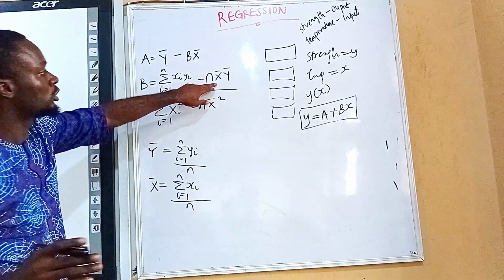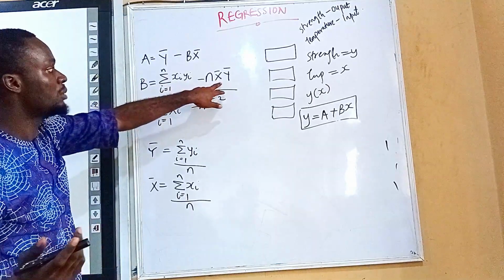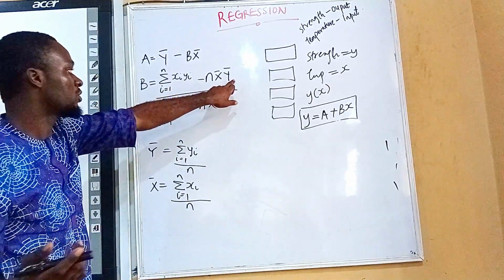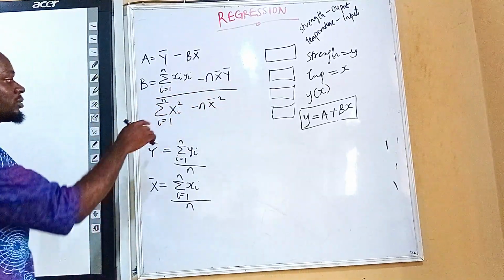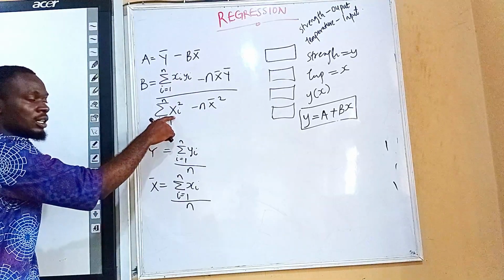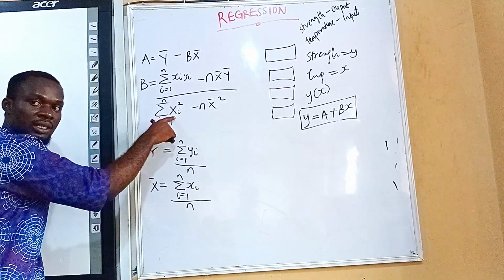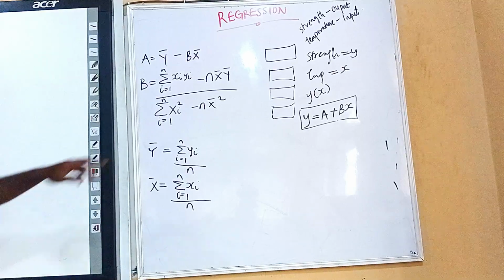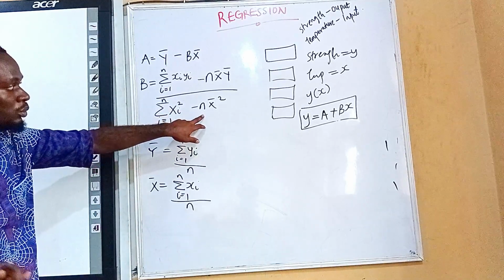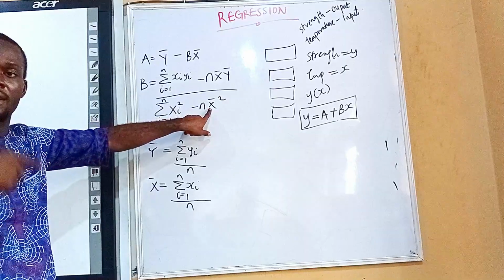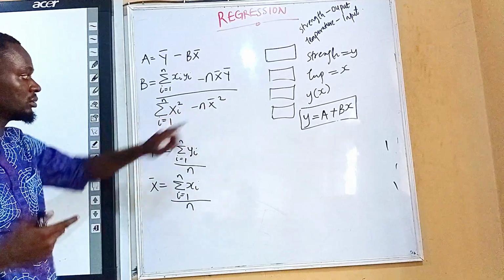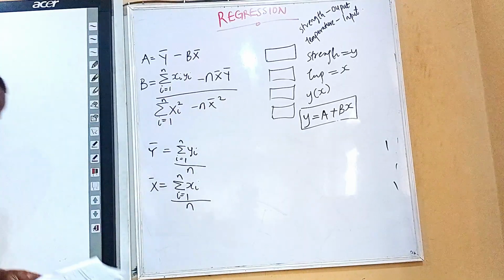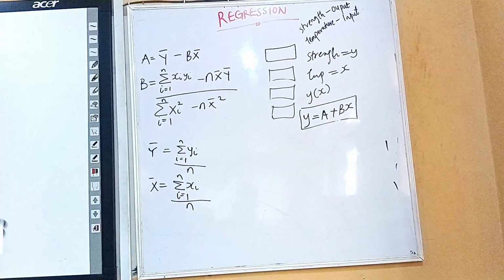Minus the total number of samples times the mean of s times the mean of y, all over each value of s squared, then sum everything, minus the total number of samples times the square of the mean of s. So it's not hard. Let's do an example.